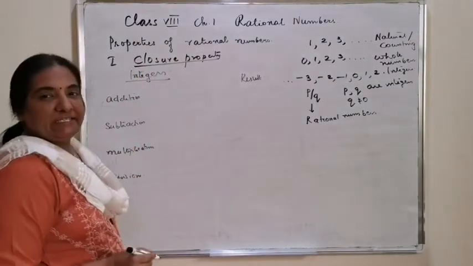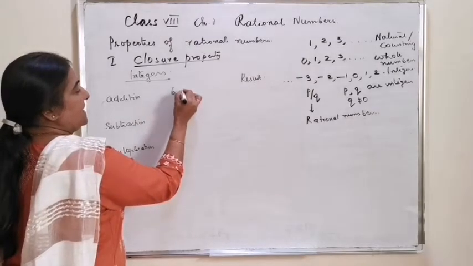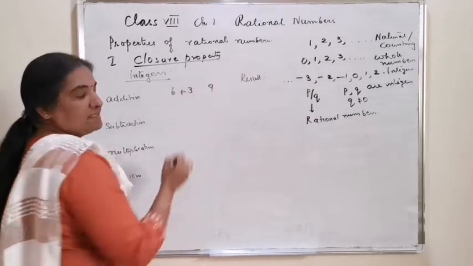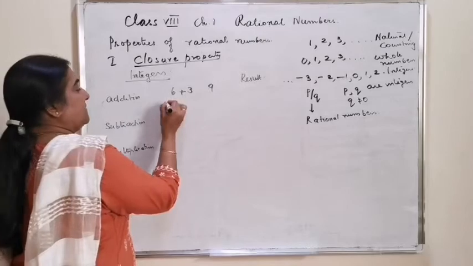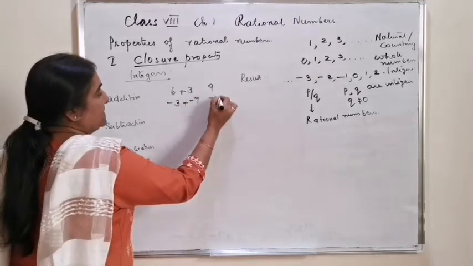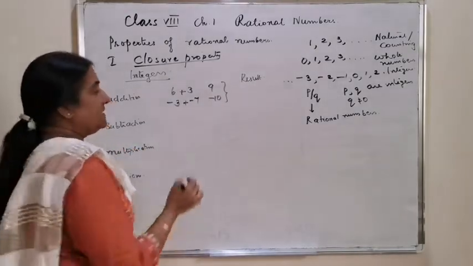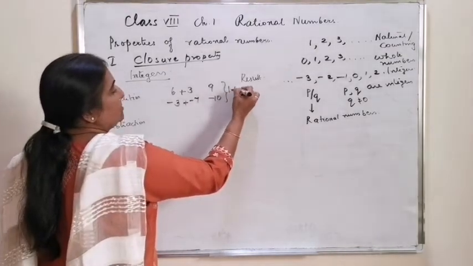Addition of integers. Let's take two positive integers, 6 and 3. The answer is 9. Two negative integers, minus 3 and minus 7, give minus 10. Is the sum also an integer? Yes, that is also an integer.